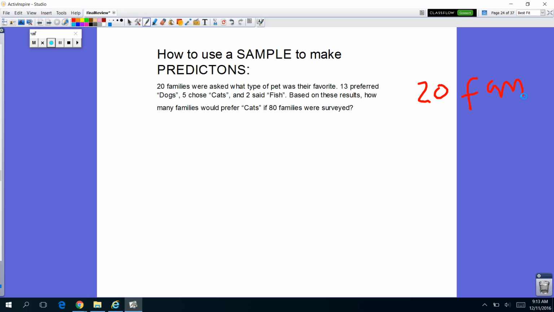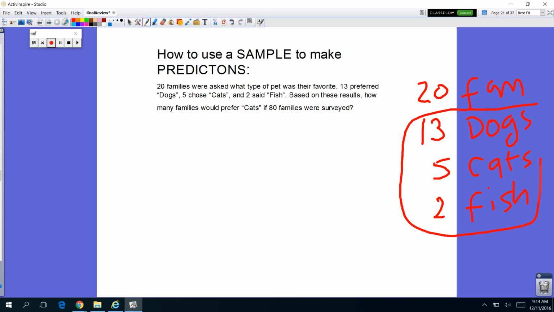Of the 20 families, 13 picked dogs, 5 cats, and 2 fish. So obviously that's 20. It works out.